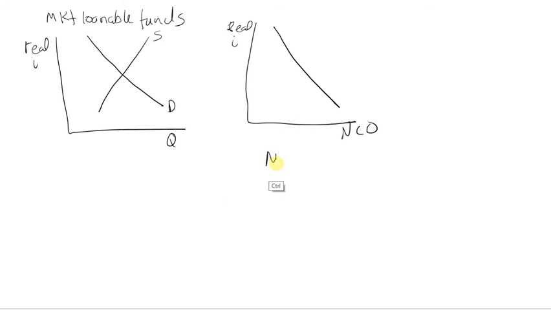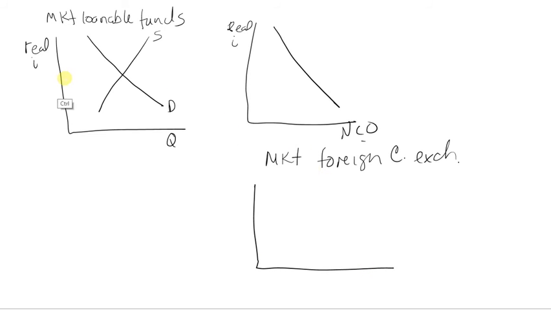and down here we have the market for foreign currency exchange. And here, at the equilibrium interest rate, let's call this the equilibrium interest rate, that's going to tell us where we are in NCO, right? Because NCO depends on the real interest rate.